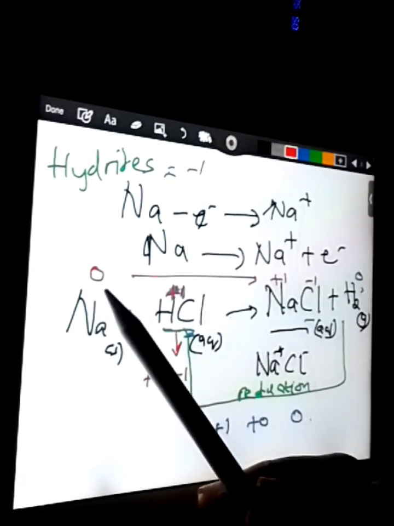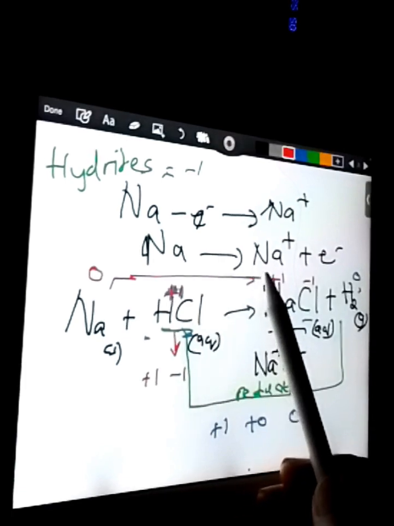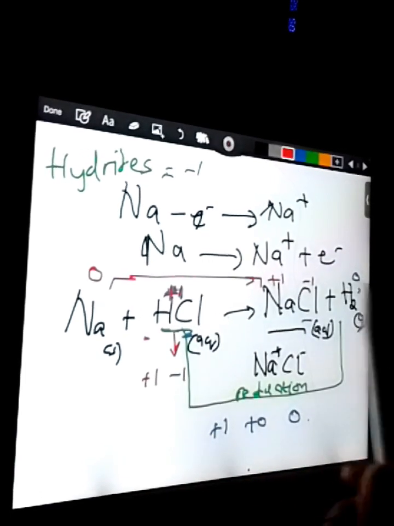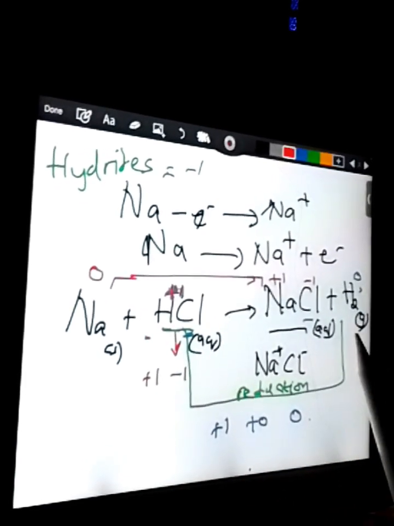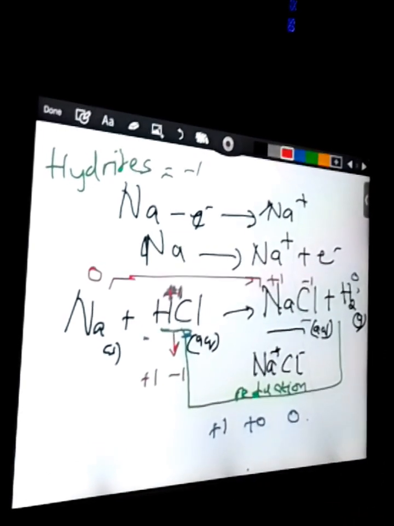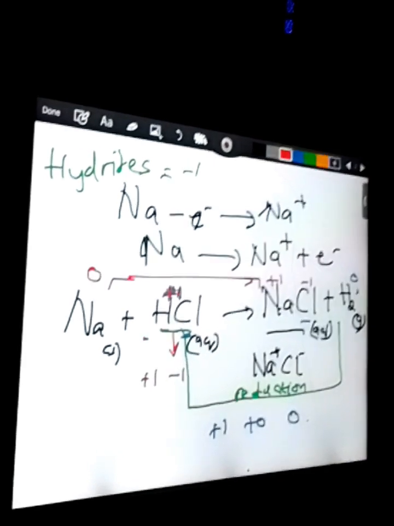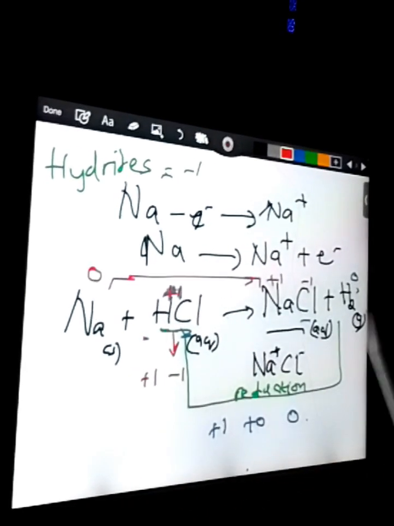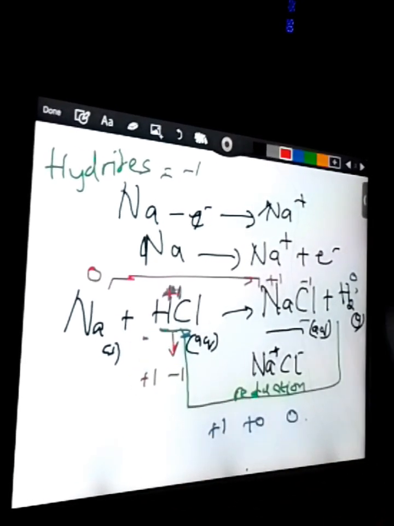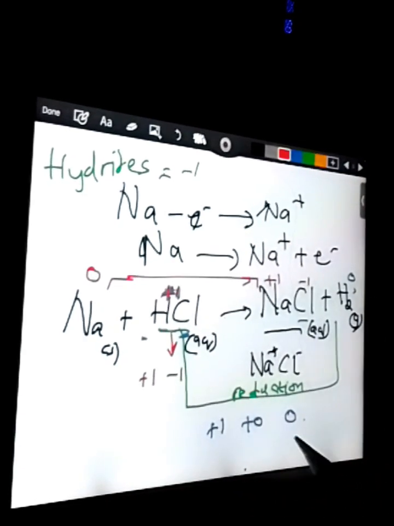while sodium has been oxidized, based on the increase in oxidation number or decrease in oxidation number. We can say that sodium has been oxidized in this reaction and hydrogen has been reduced.